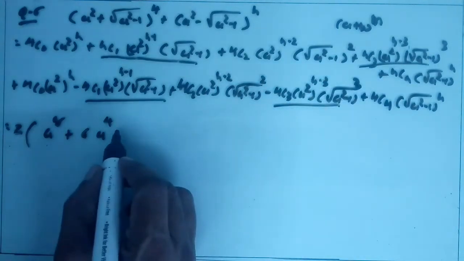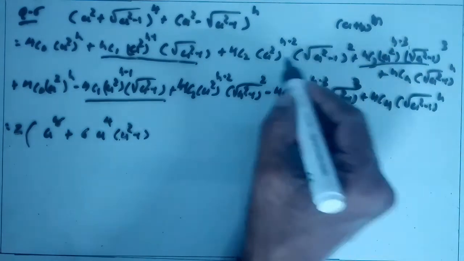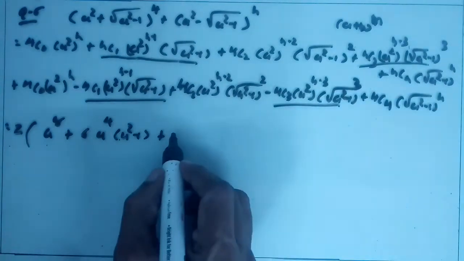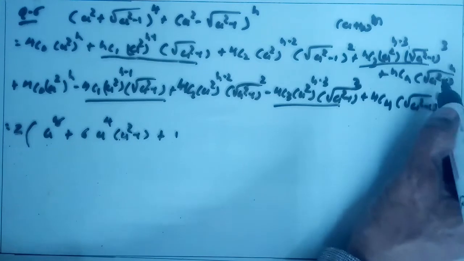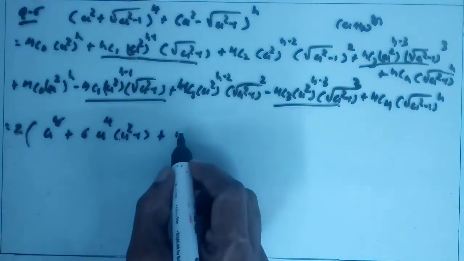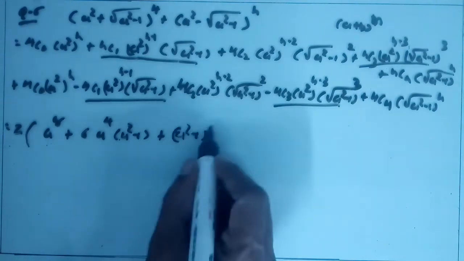Square root and square cancel, we get x² − 1. Clear? And the last term, plus 4C4 is equal to 1, into the fourth power of the square root. Square root cancels, we get (x² − 1)².